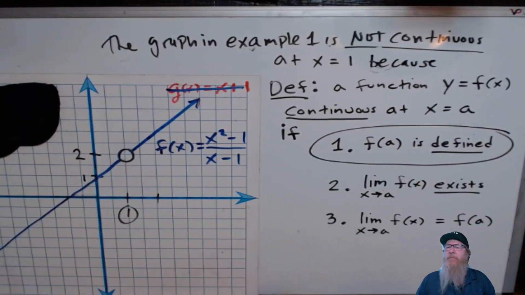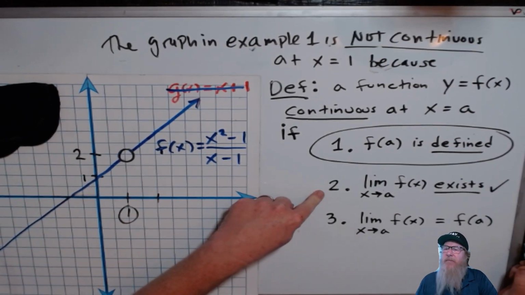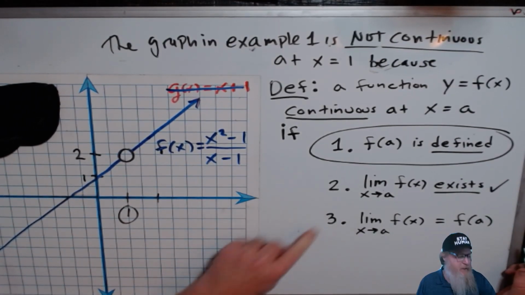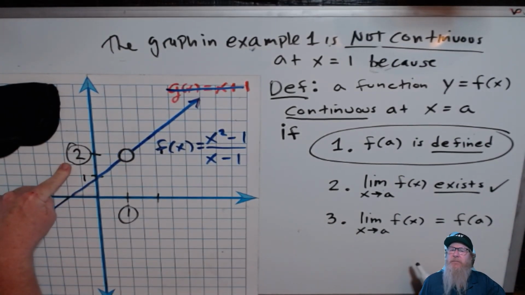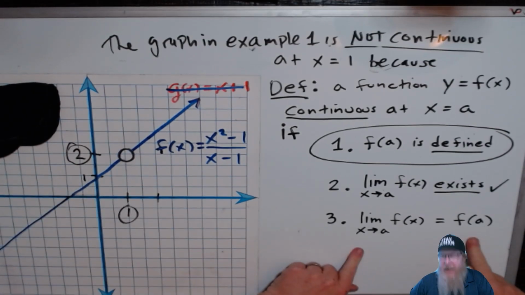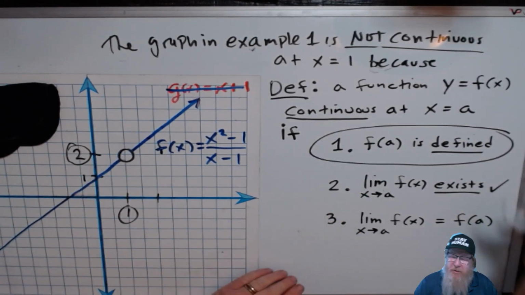Rule number 1 was violated. Notice rule number 2 was okay, not violated. The limit does exist. It's 2. Rule number 3 is also violated, but I usually go in order. So which one of these was first violated?